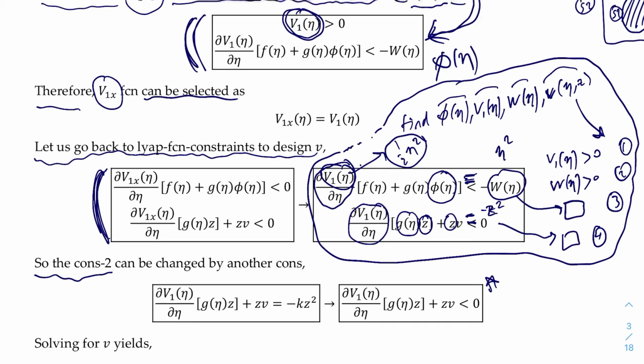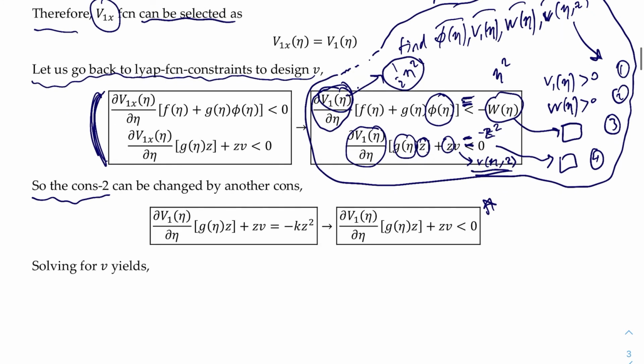It's z, right? We can solve for v of eta z. Okay. So the problem can be solved algebraically and systematically. Okay. And this is the advantage of backstepping control.